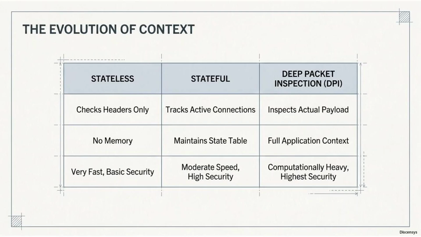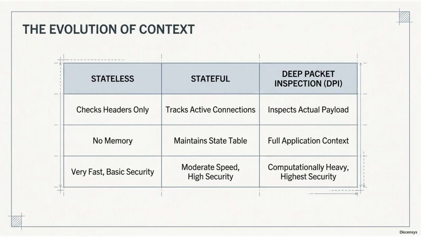Coming to stateless, it checks headers only without any memory, and it is very fast but offers only basic security. Coming to stateful, it tracks active connections, not just limited to the headers. It maintains a state table, with moderate speed and high security.